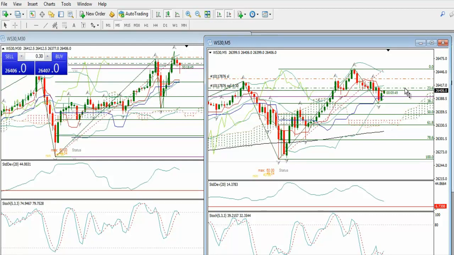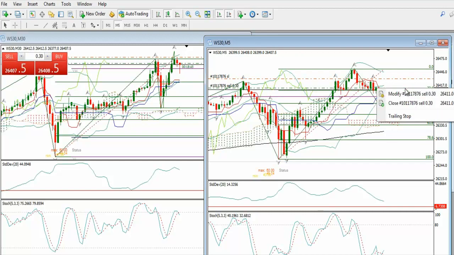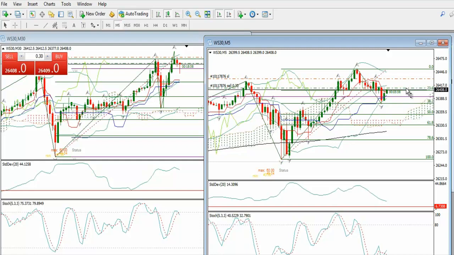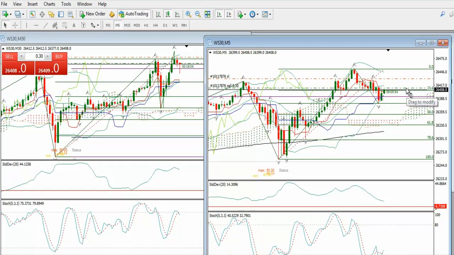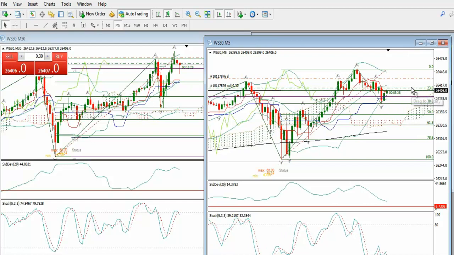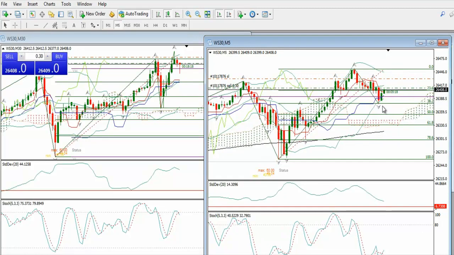As you can see here, the Tekken is validated. So I believe I'm going to close even this movement. The stochastic also shows that we may have a retracement.